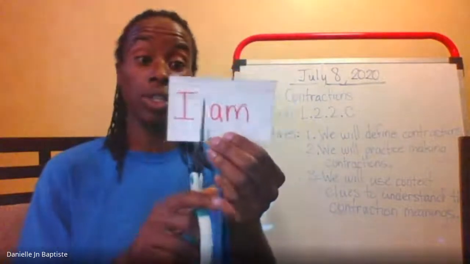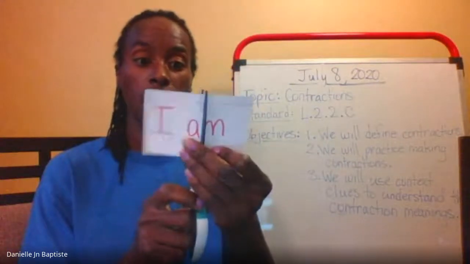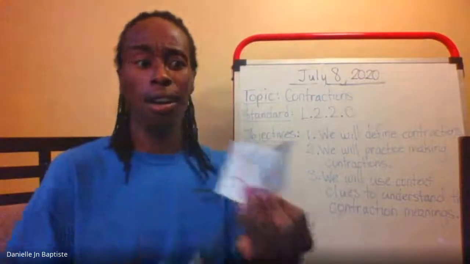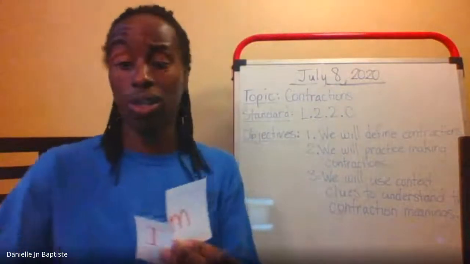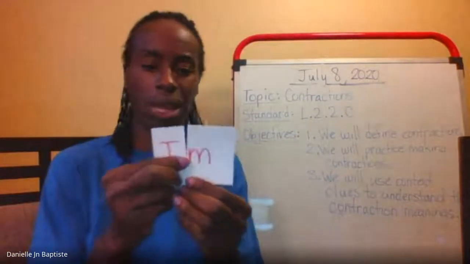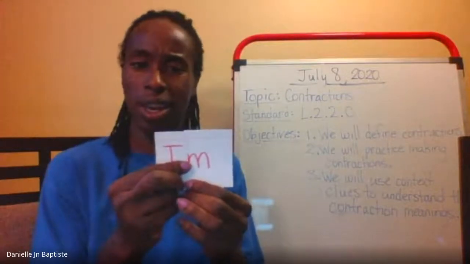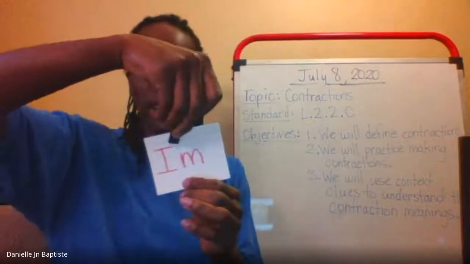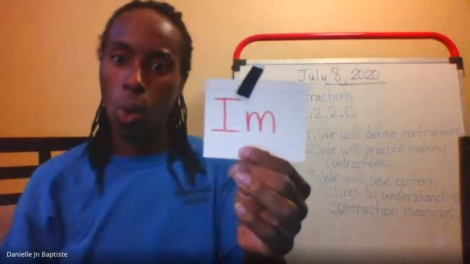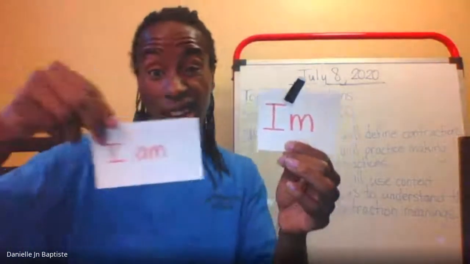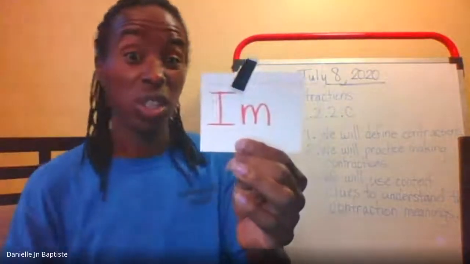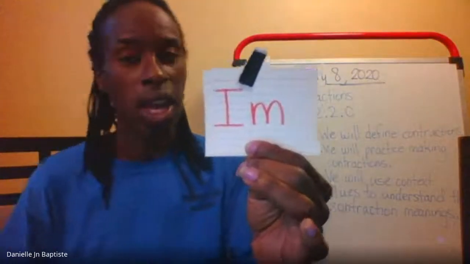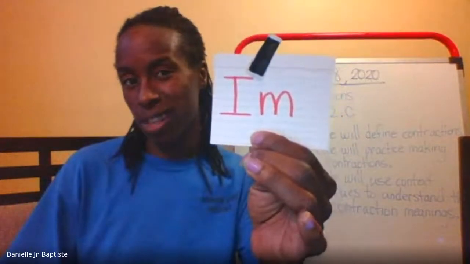I am is going to turn into, hey, how about I just cut it out and then you can read the word to me because I know you're smart. My summer school superstars, you're not superstars for nothing, as they say. Wow, we just took I am and turned it into a contraction. Can you read this contraction for me?